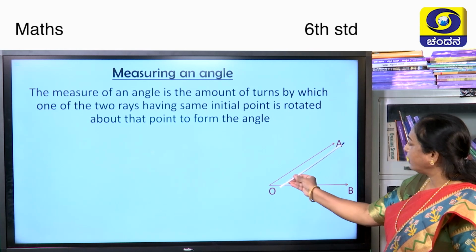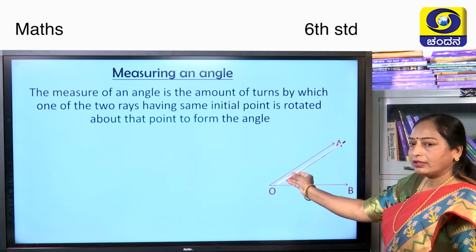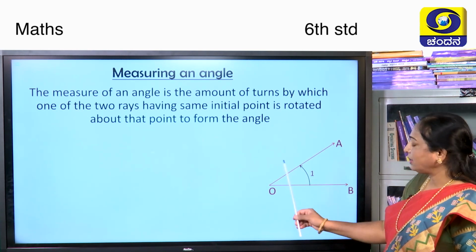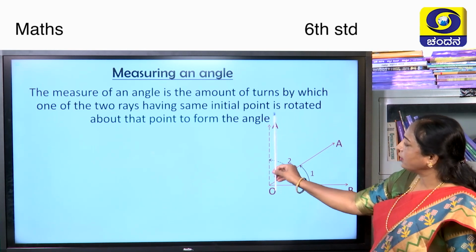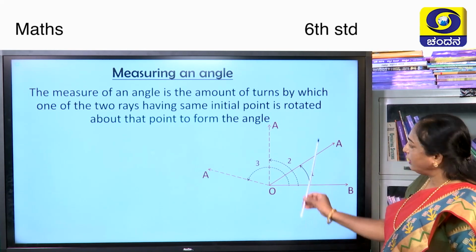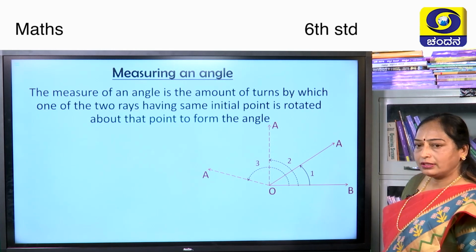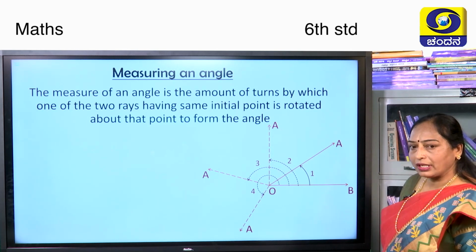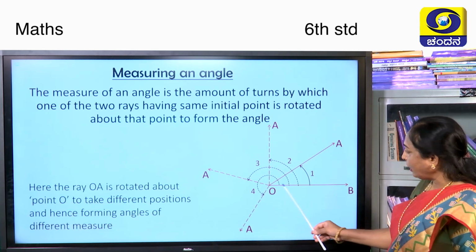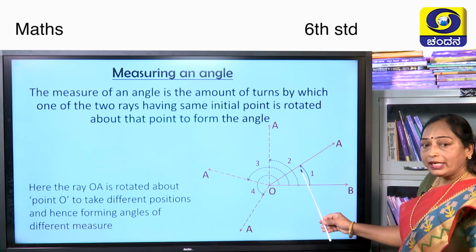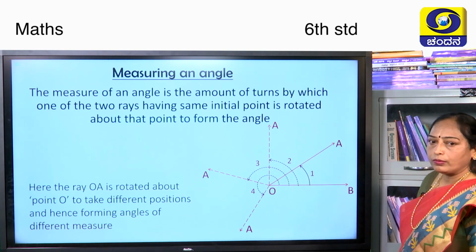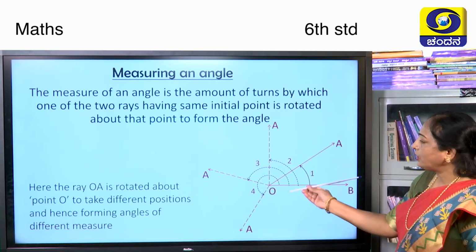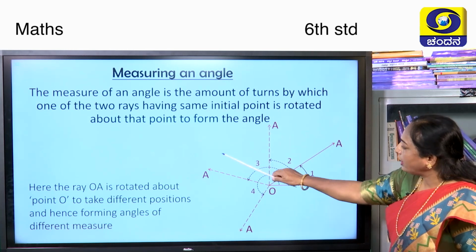We will rotate the ray OA on the vertex O. It turns, we get the second angle. It turns like this, we get the third angle. And OA, the fourth angle. Here the ray OA is rotated about point O to take different positions, hence forming angles of different measures.